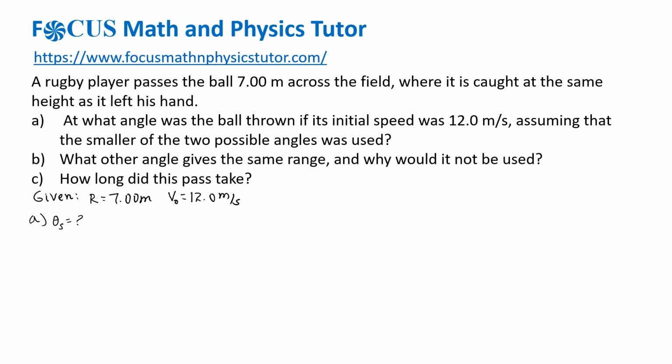And we know that the range is given by initial velocity squared times sine 2 theta, the smaller angle generally, over the absolute value of the gravitational acceleration.